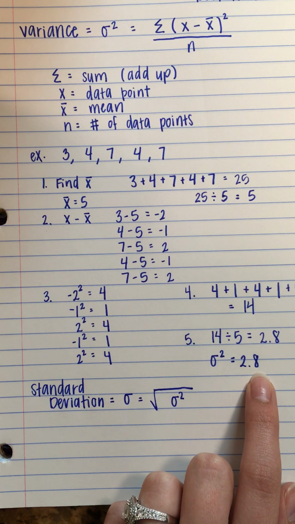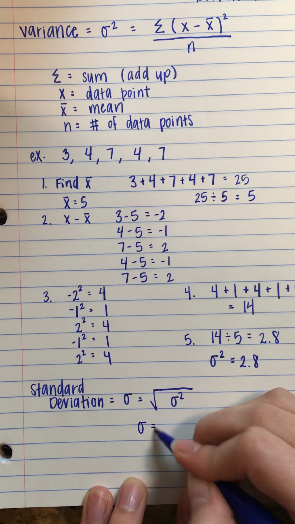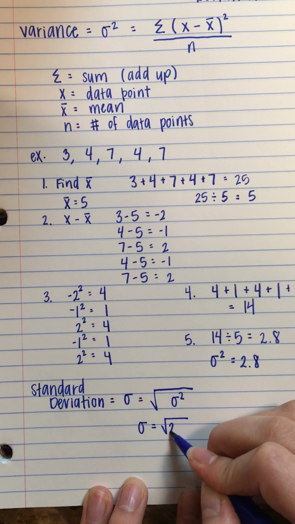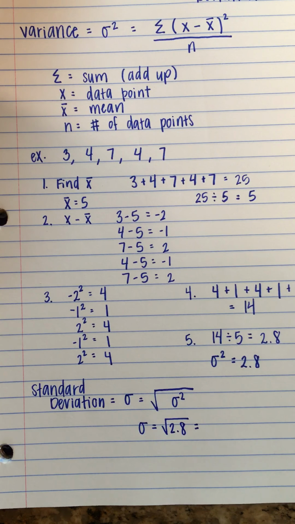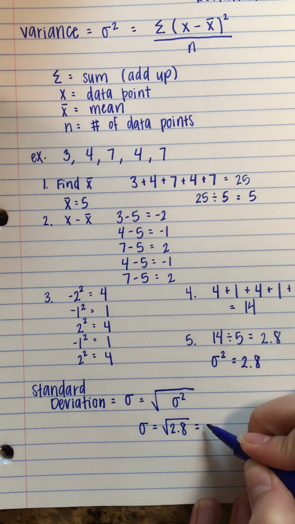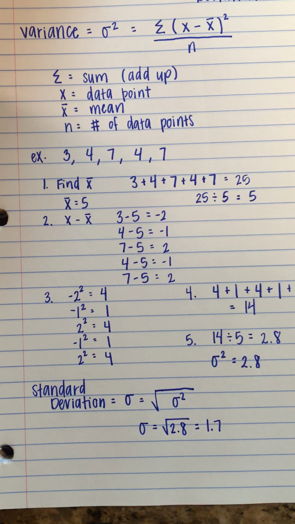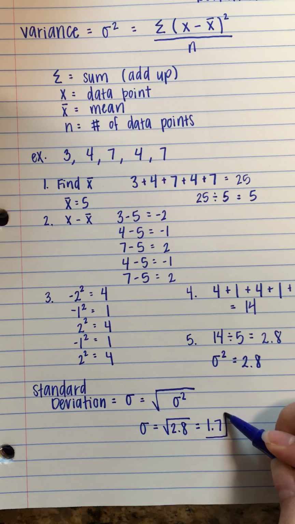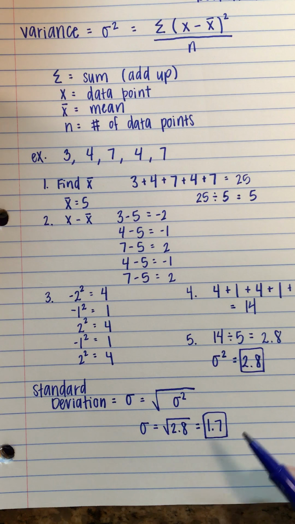So we found our variance, and our standard deviation is the square root. In this case, I definitely left my calculator in the other room, so I just used my computer, but I get 1.7. So that's my standard deviation. So I've got my variance, and then my standard deviation is just one more step.